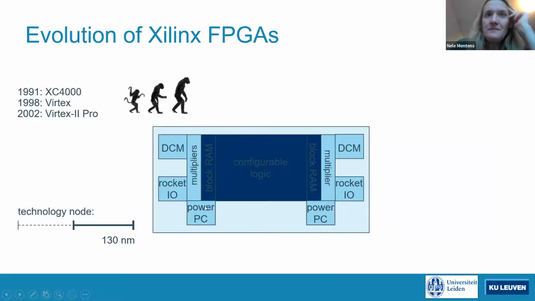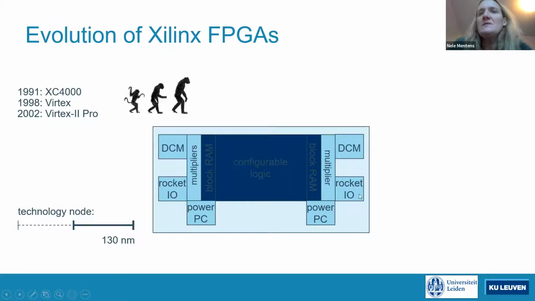Also, in that generation of FPGAs, a dedicated or embedded processor was added, or actually multiple of them, such that they could also be used together with the configurable logic.